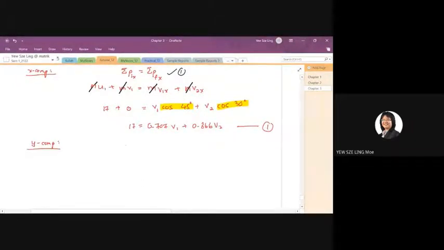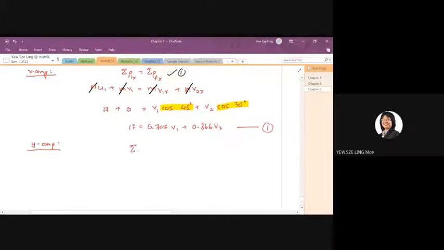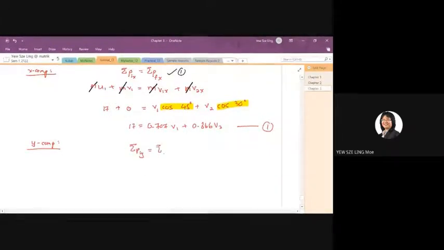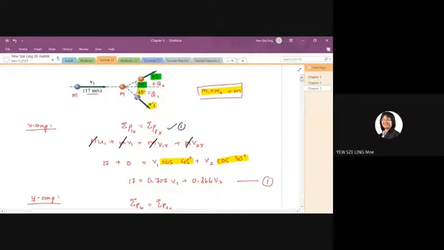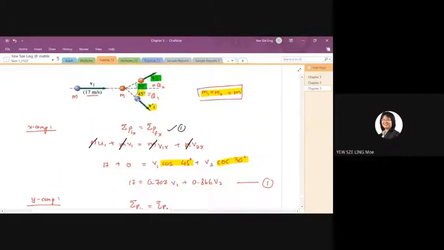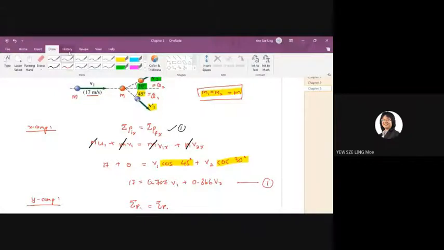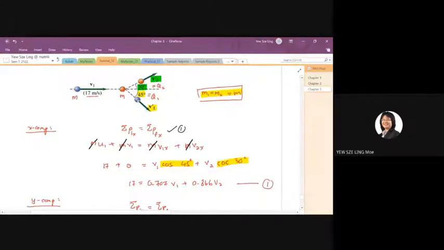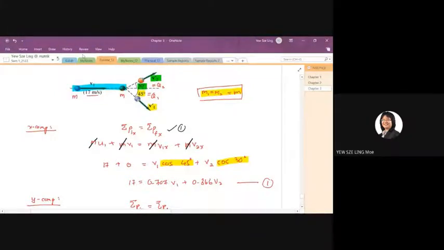For the y component, again, I have the summation of p initial y equals the summation of p final y. Now I'm not going to write initial again, because this question obviously has no initial y component. If you look at the diagram, initially it's moving along the x component.